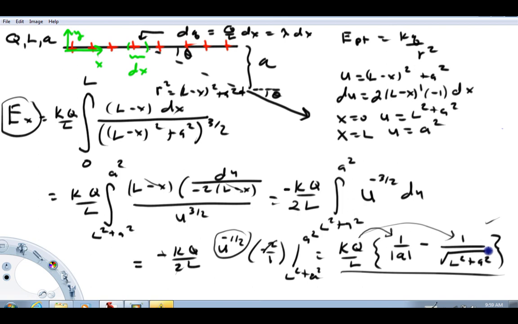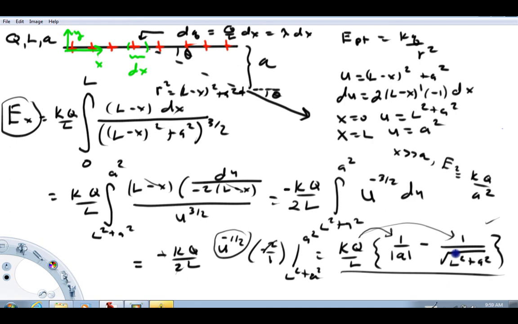Another check, I don't have room, and again, the video is plenty long how it is, but another check is this. If we're quite a ways away, this thing should be approximately a point charge. So basically what that means is this. If x is a lot larger than a, then the electric field should be approximately kq over a squared. And it's not too bad to show that here. Find the common denominator and make the approximation that a squared is quite a bit bigger than, whoops, I'm sorry.